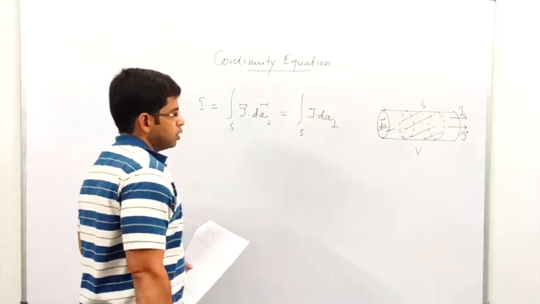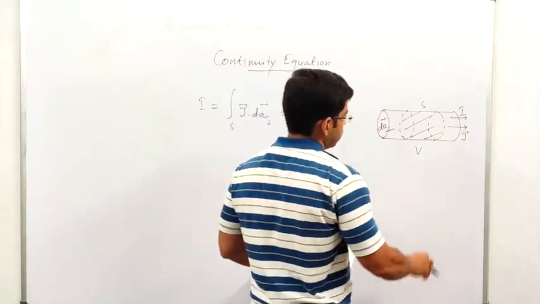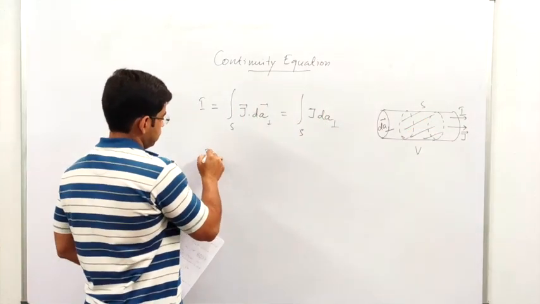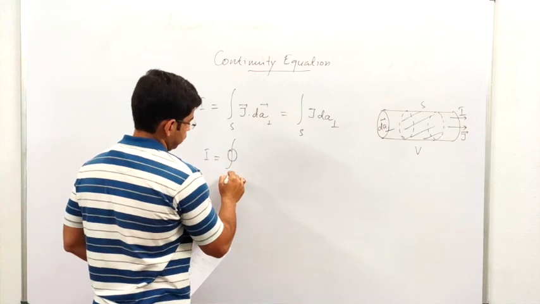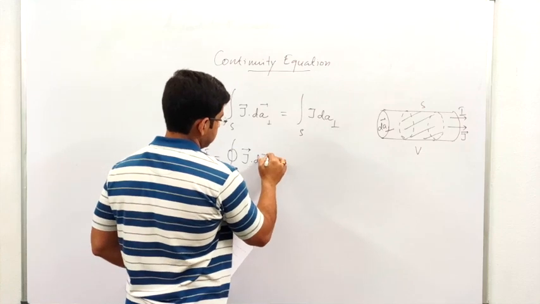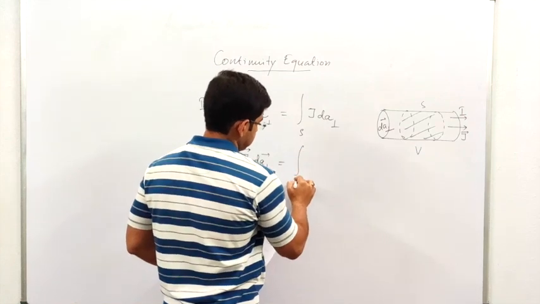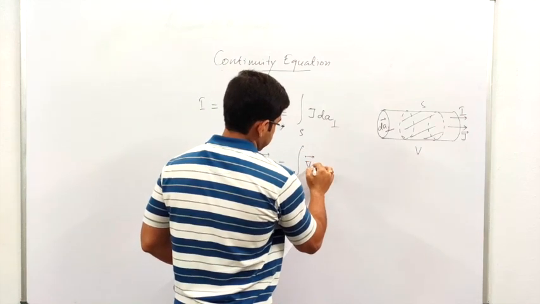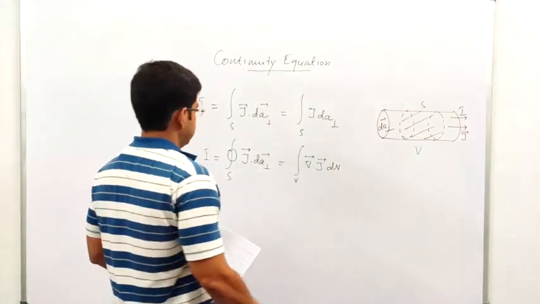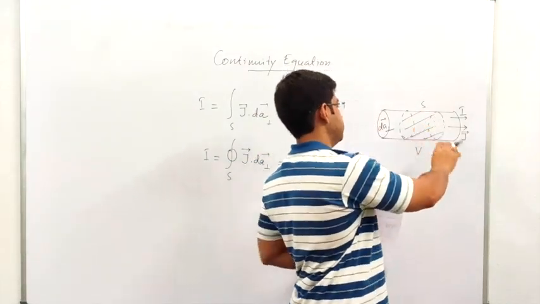Now, if we want to calculate the total current flowing out of this shaded region, we perform a closed surface integral of J over dA perpendicular. Using Gauss's divergence theorem, this may be written as the volume integral of divergence J dV. This is nothing but the net current flowing out of the surface of this shaded region.